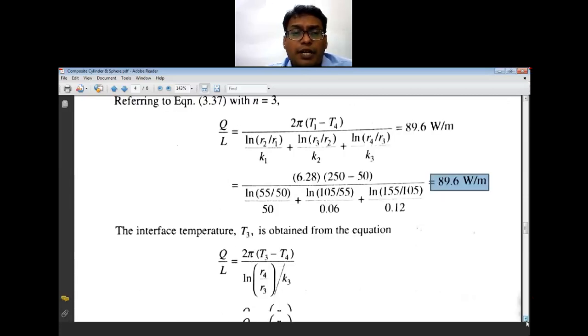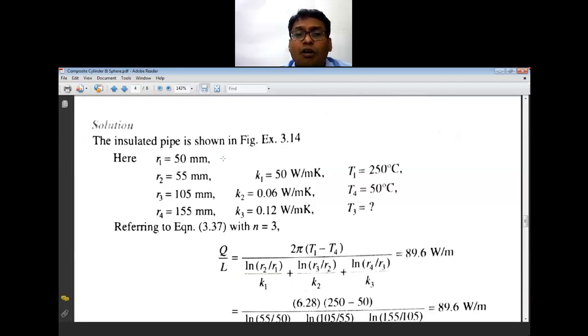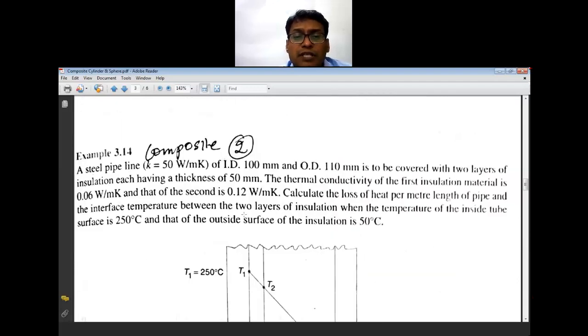Now next is the interface temperature T3, that is to be calculated. We have already taken into account the concerned formula in the last class. Independently you can take the temperature differences T3 and T4 and calculate the heat, because we have already calculated the heat transfer per unit length. That will be the same for any layer.